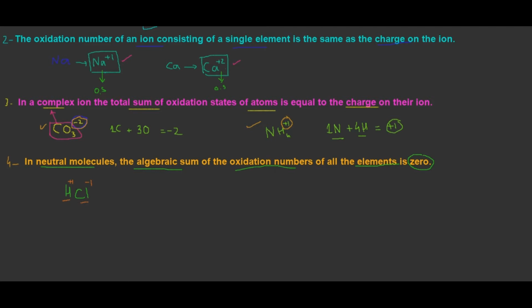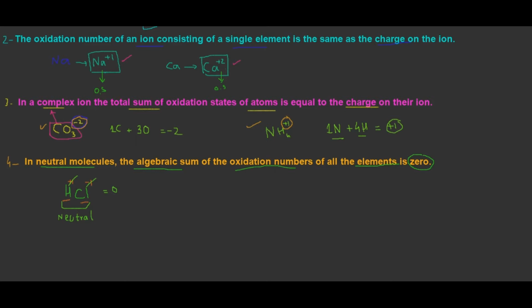So the algebraic sum would equal to 0 because +1 and -1 is equal to 0. So what does this mean? It means that hydrogen chloride is a neutral molecule because the sum of its oxidation states is equal to 0.